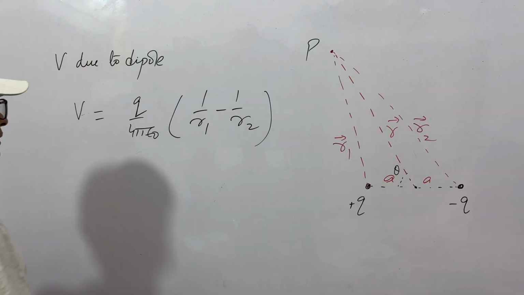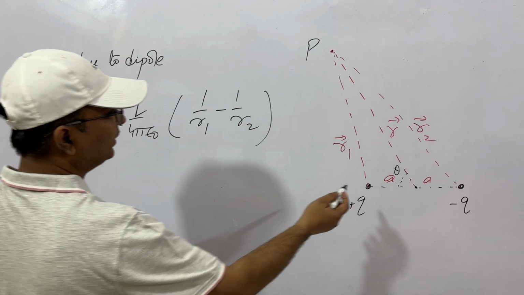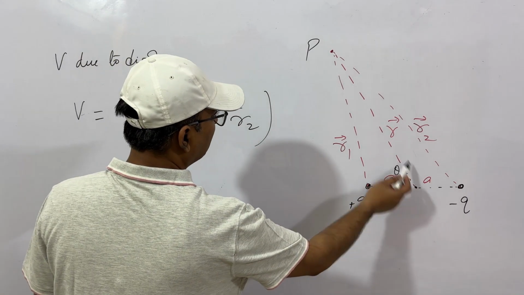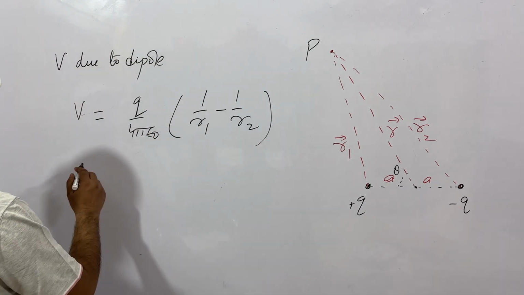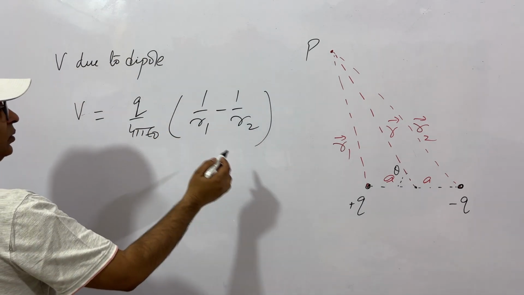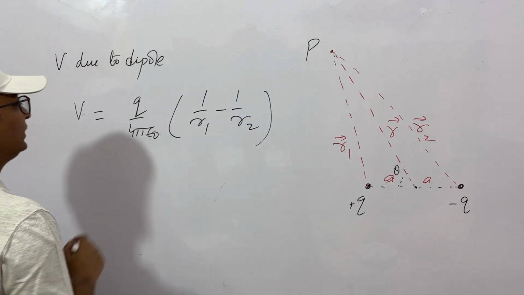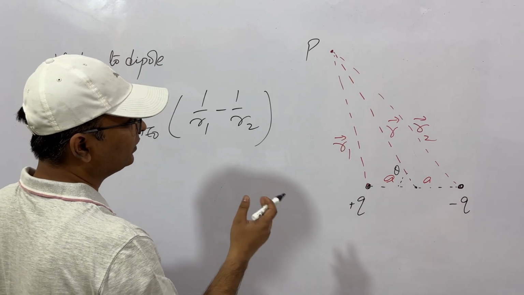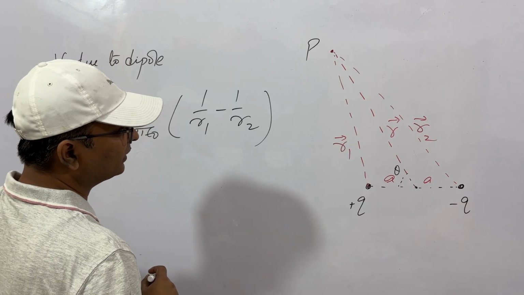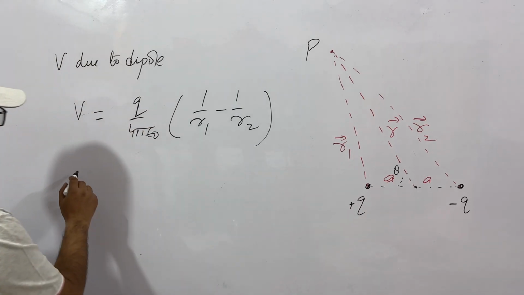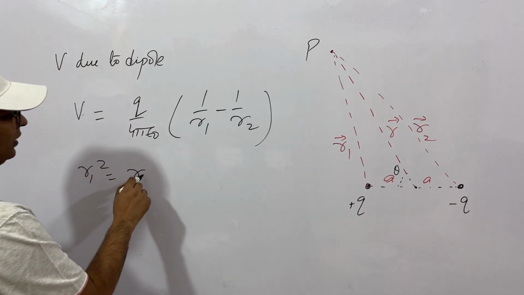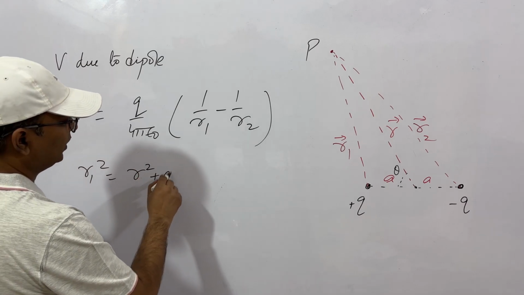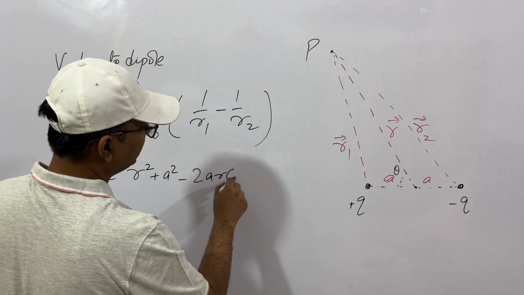Now let's resolve it in terms of A, theta and R, because we know it is R from the center of the dipole. We'll have to resolve R1 and R2 in terms of A, R and theta. If you know vectors, and you must know vectors when you are studying electricity. So R1 square will be R square plus A square minus 2AR cos theta.